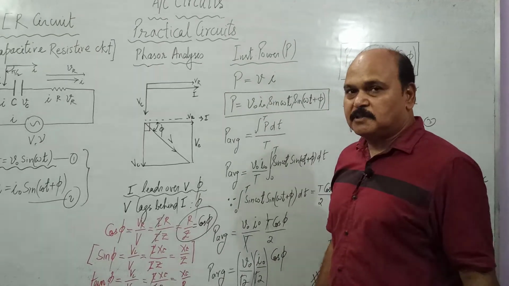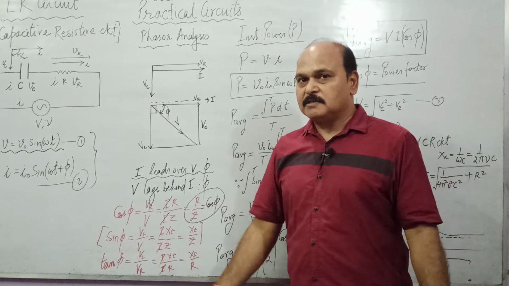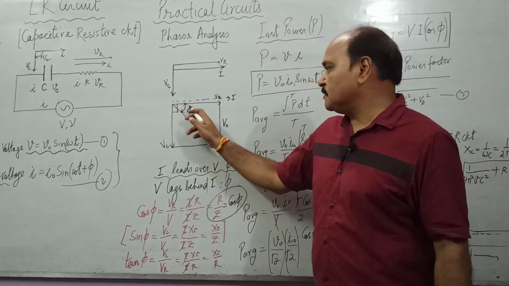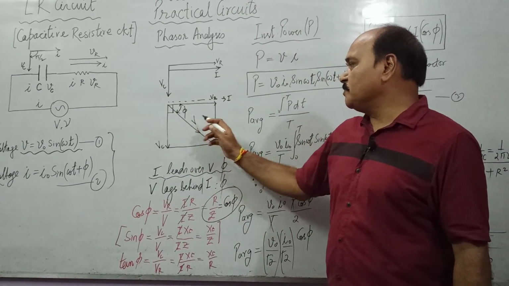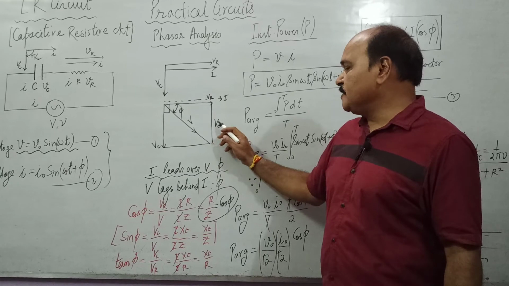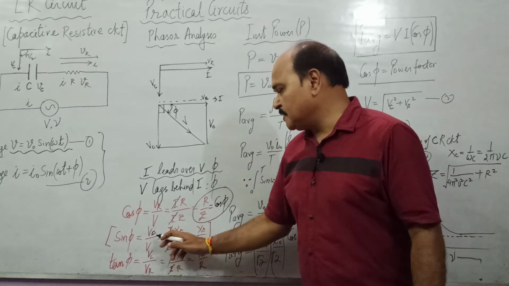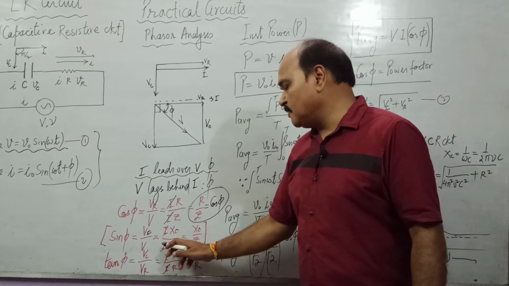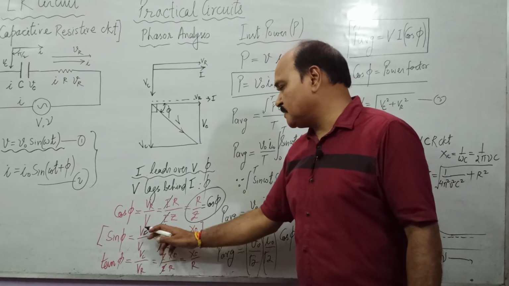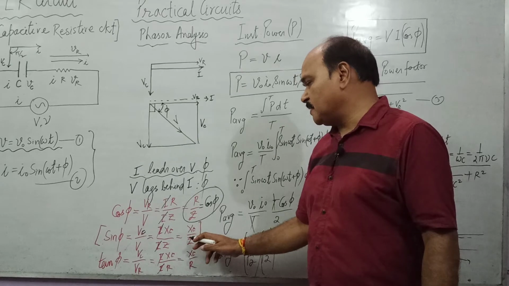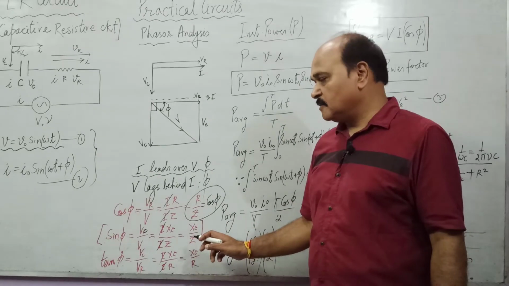At times in the question, sin phi is given or asked. So what is sine of this angle phi? Sine of phi is perpendicular upon hypotenuse, VC upon V. VC is I into XC, V is I into Z. You can see I cancels out. What do we get? Sine phi as XC upon Z. And what is tangent of phi?